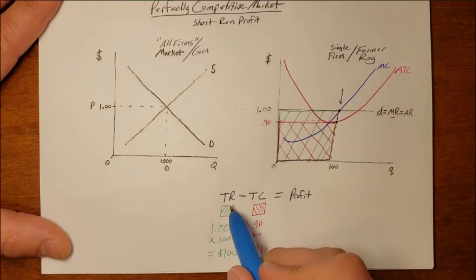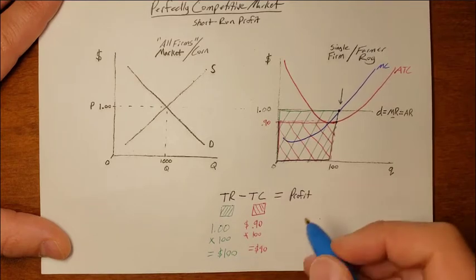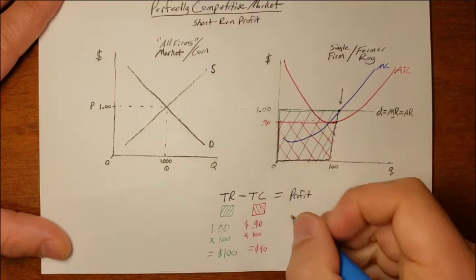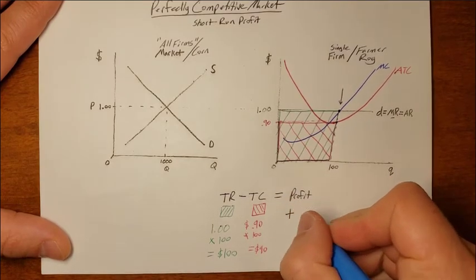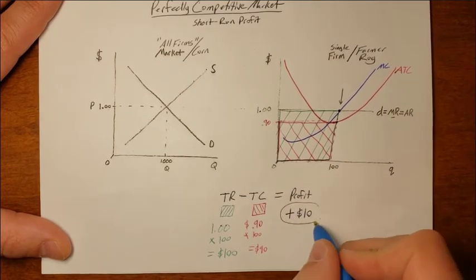Okay, so a total revenue of $100 minus the total cost of $90 is going to give us a positive profit of $10. Okay, so it's a $10 profit.